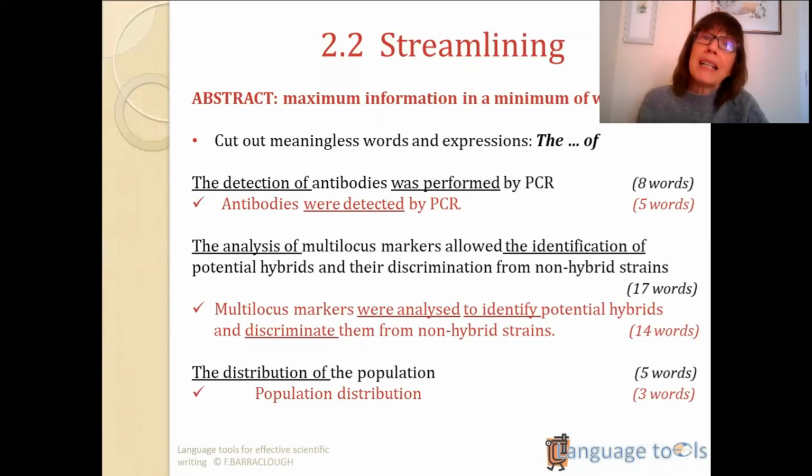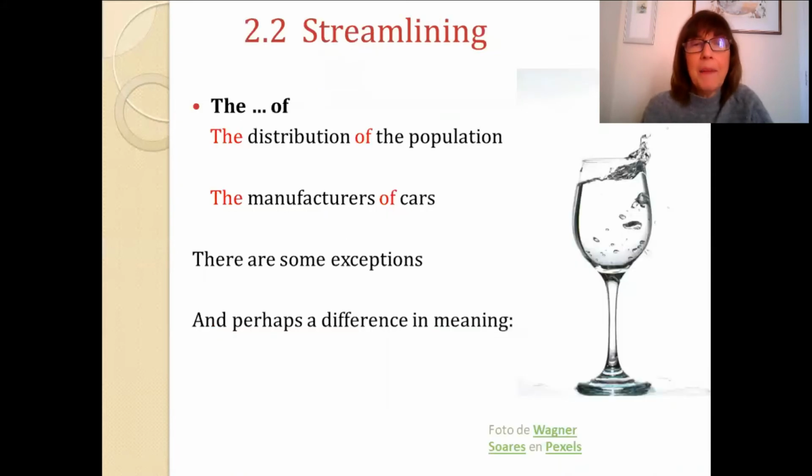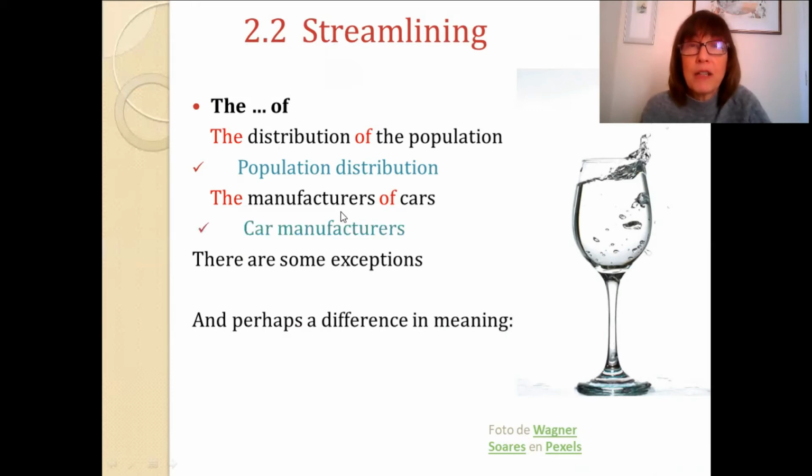Although I would actually point out in this regard that it's not always possible, okay? We could obviously, instead of saying the distribution of the population, say population distribution, or instead of the manufacturers of cars, say car manufacturers, but there are some exceptions. So, for example, we speak about the speed of sound or the speed of light, not sound speed or light speed.